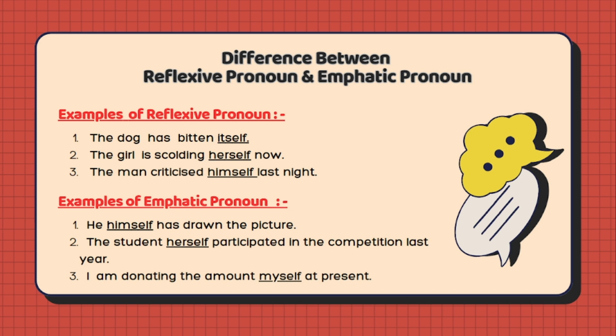Next, second example. The student herself participated in the competition last year. In this sentence, the student is the subject, participated is the main verb 2. The sentence is in past simple, active voice. Here the word herself is written immediately after the subject, the student.